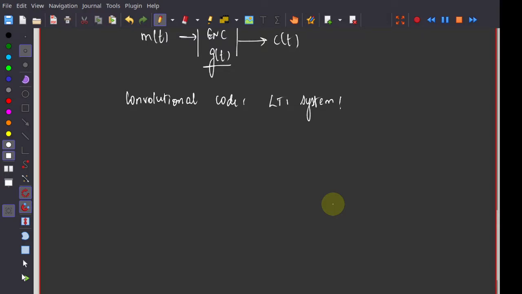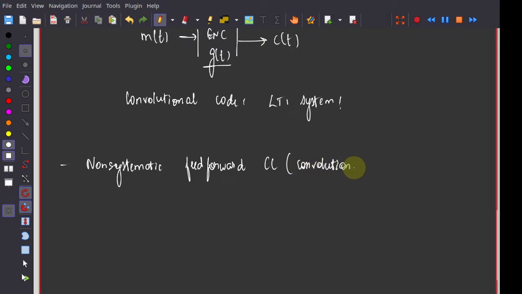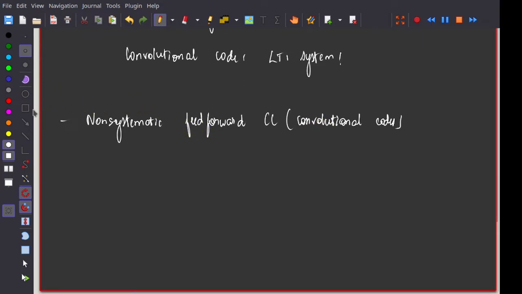I won't talk about all of them, but the first that we'll talk about are what are called non-systematic feed-forward convolutional codes.